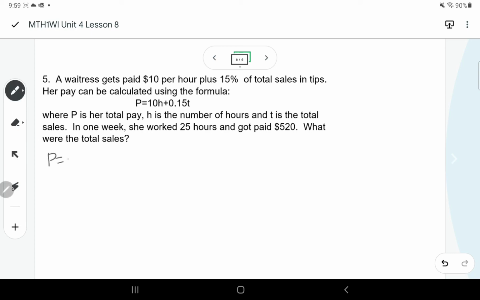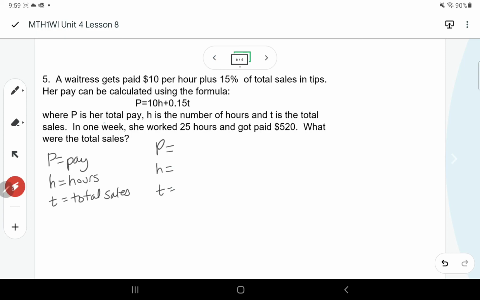So P is her pay, H is the hours worked, and T is the total sales. So we've got extra variables here. This is not just a regular linear relation. We've got a pay variable, an hours variable, and a total sales variable. So let's see what we know and what we're looking for.